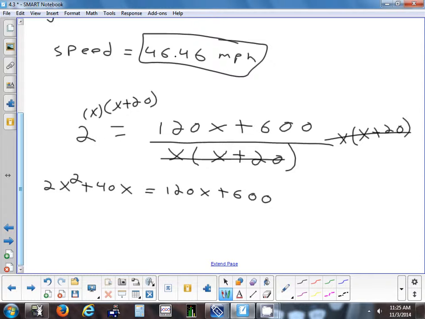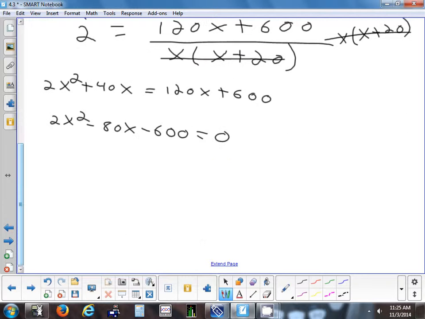What do you need to have on one side by itself? What number? 0. So get this equal to 0. We've got 2x squared. Bring our x's to the other side. What could I do right before I use the quadratic formula here?